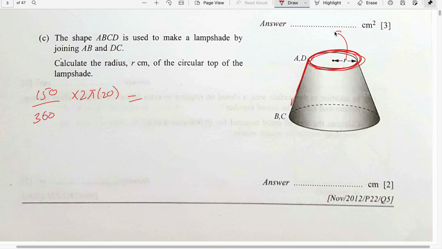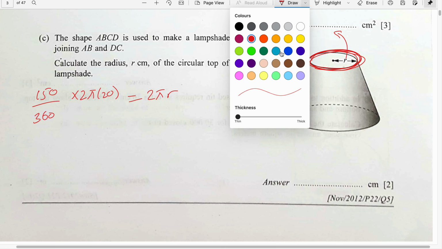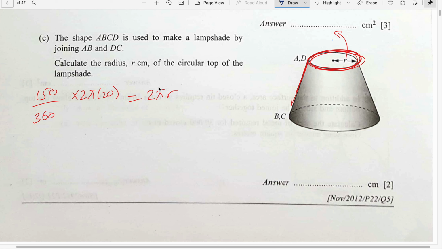To find this radius, I can say it is equal to 2 pi r of the new shape. And we can simplify these two. 2 pi cancels out with 2 pi. And I'm left with 150 divided by 360 times 20, which is 8.33, and so on, which is 25 by 3.